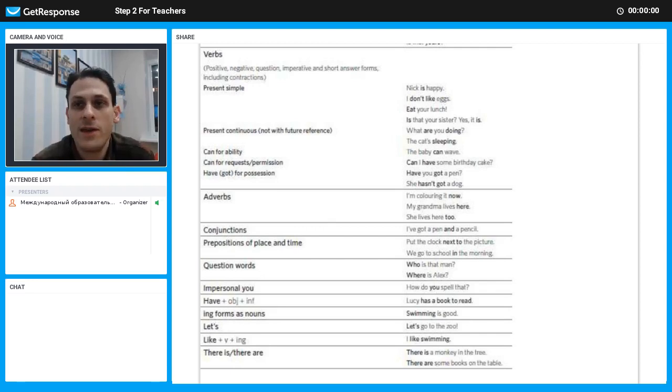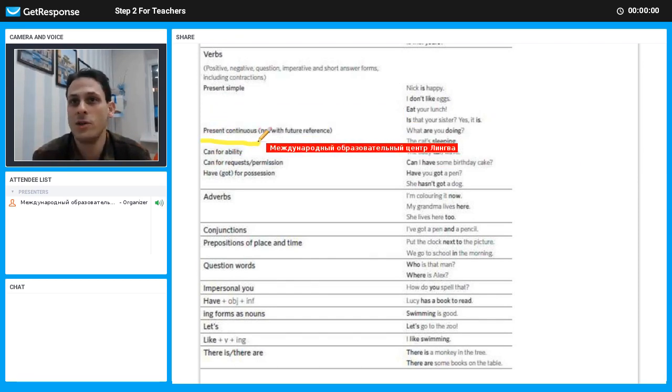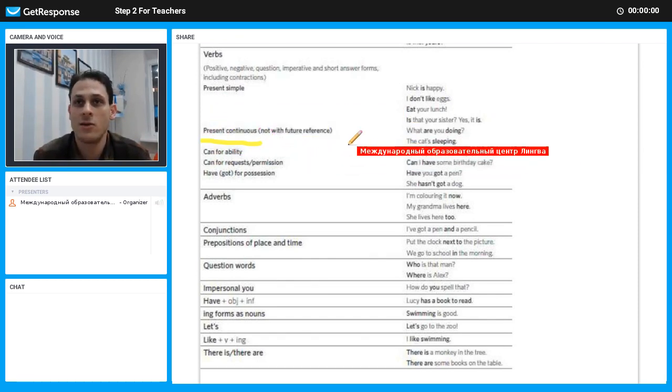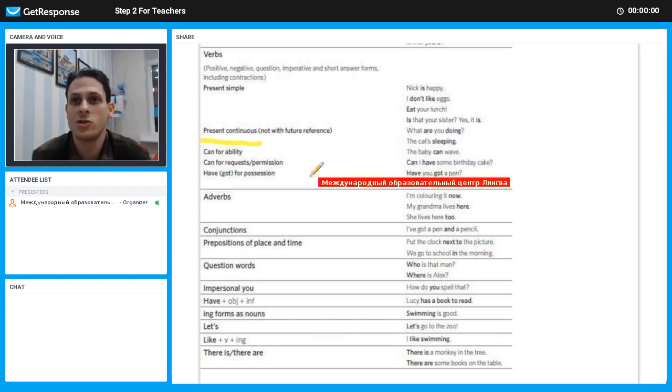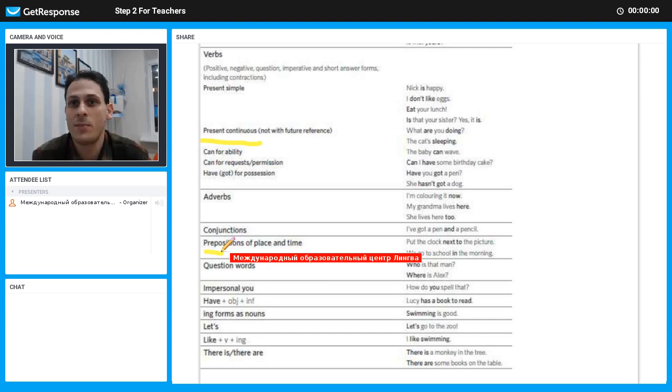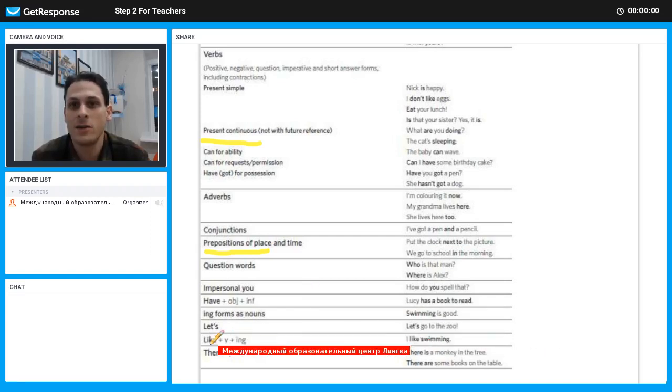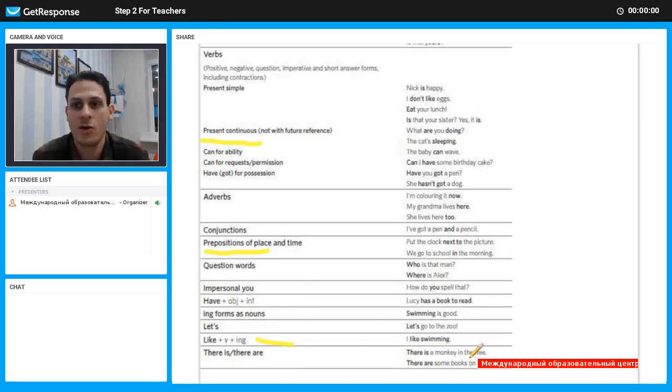The scope of the exam is set by Cambridge, that runs the exam format. And this has a range of things in it, including present continuous, so ing for describing pictures or actions in pictures. Prepositions of place, so in, under, between, and so on. And talking about likes with correct ing.